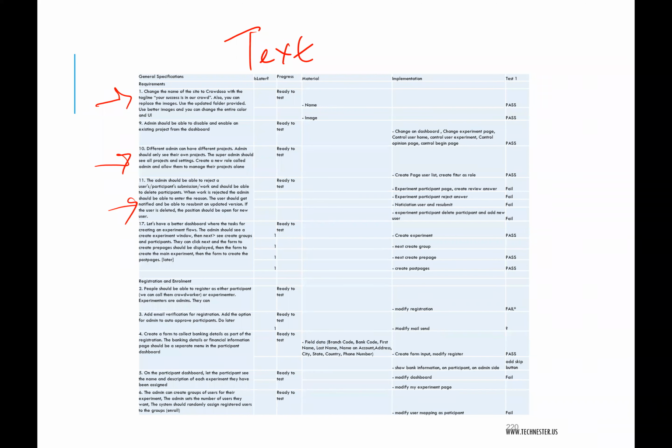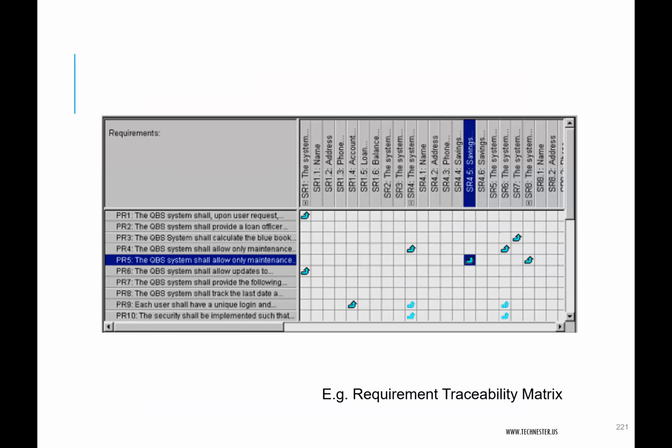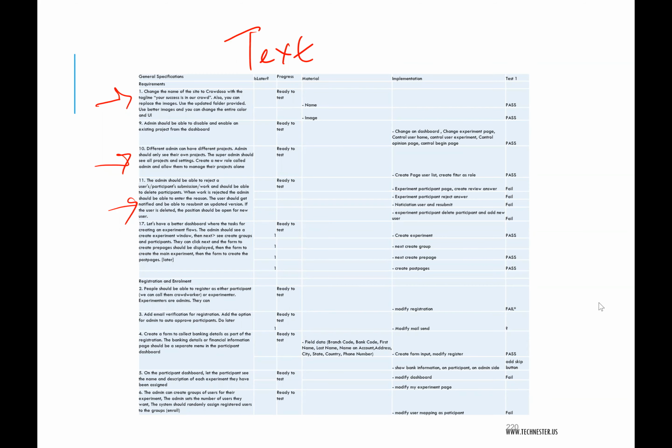Another way business analysts represent requirements is as matrices, tables. Now you may wonder, why am I not going into details of what this means? These are not standards. They are just our own vision for how we want to structure the requirement.